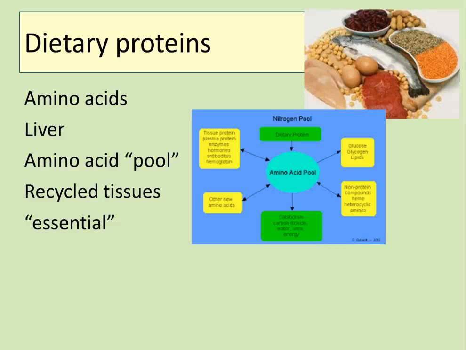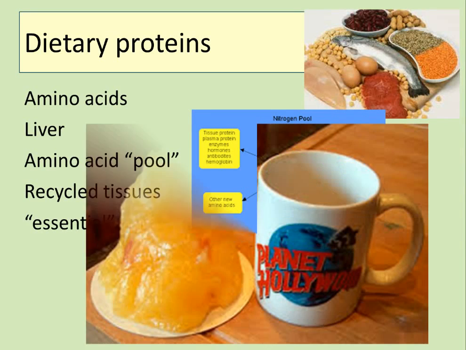When our cell needs a specific amino acid to make a protein structure, either for tissue, immune cells, or blood elements, it is taken out of this pool. Any excess amino acids above our needs will be stored as, you guessed it, adipose tissue.